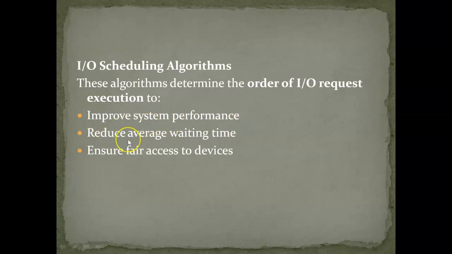It helps to reduce the average waiting time of any of the process that may be going on. Ensure fair access to the devices. So every process gets the devices on time. It is not stuck with one or two process. Everyone gets the proper usage time for execution or the resources they get.